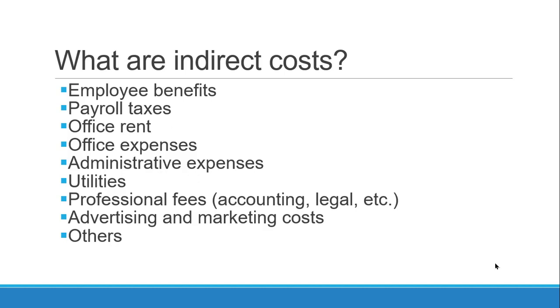So we just described what direct costs are, so then the question is, what are indirect costs? Indirect costs are costs that are not directly associated with specific work activities, but those are costs that are incurred for the benefit of and to facilitate the direct cost work. For example, employee benefits, payroll taxes, office rent, office expenses, administrative expenses, utilities, professional fees like accounting, legal, etc., advertising and marketing costs, and many, many others.